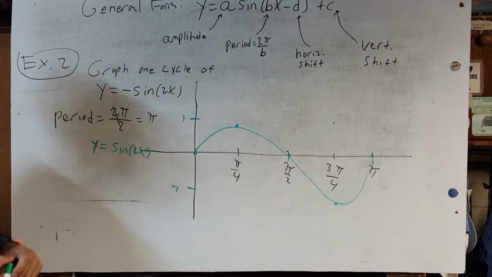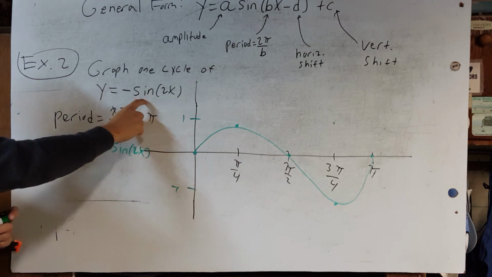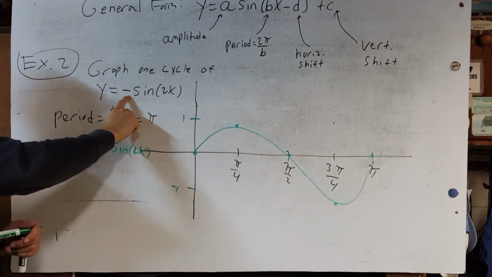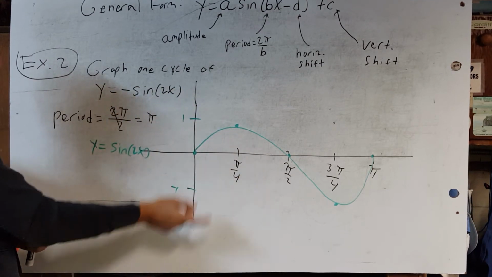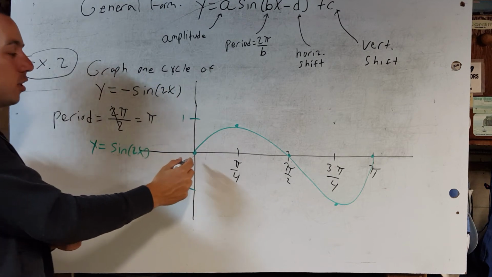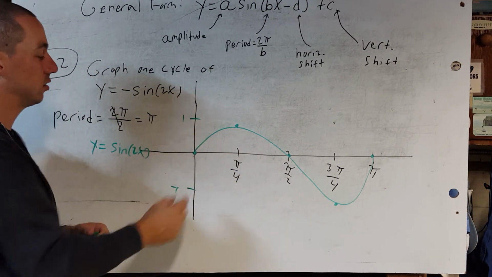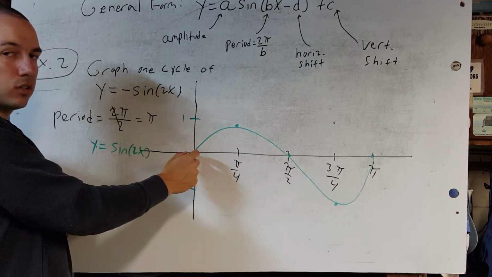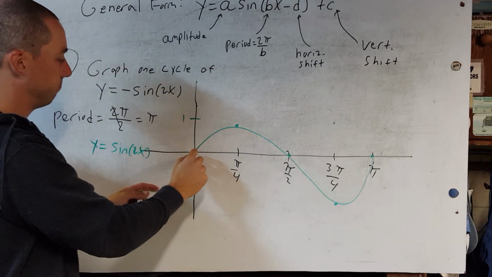Okay, now in black, the black is the function that we want. I'm going to graph the same thing, except the negative here means everything is going to be reflected across the x-axis. So this point at 0 is reflected across the x-axis. Well, it's on the x-axis. Think of it, the y-coordinate is 0 times negative 1, which is still 0.